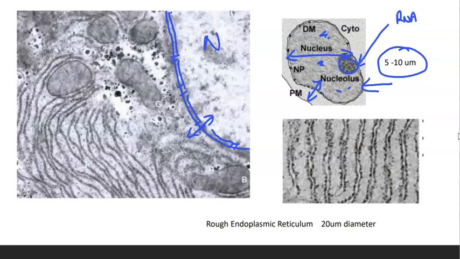So looking beyond the nucleus with its genetic material, we can see in this image these strange lines, and if we look closely we'll see that these lines are actually tubular structures, and those tubular structures have small dots on the outside, and this entire structure is called rough endoplasmic reticulum.